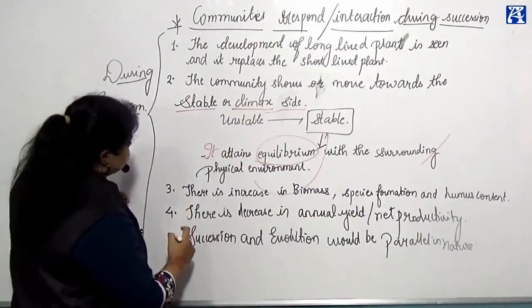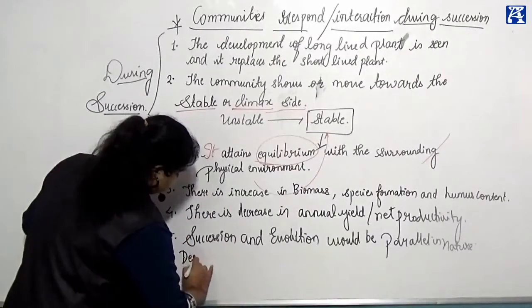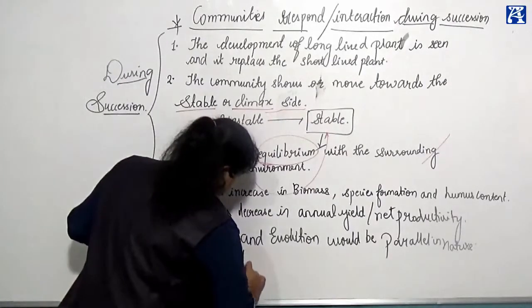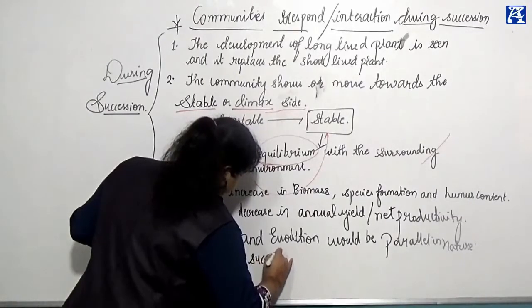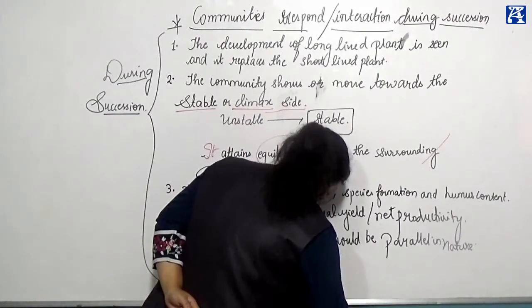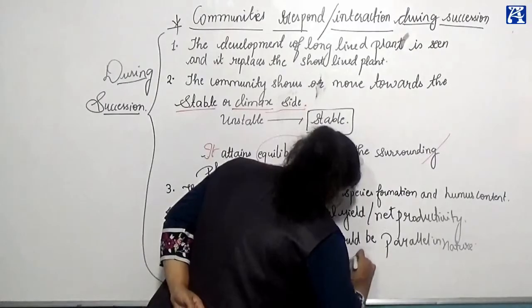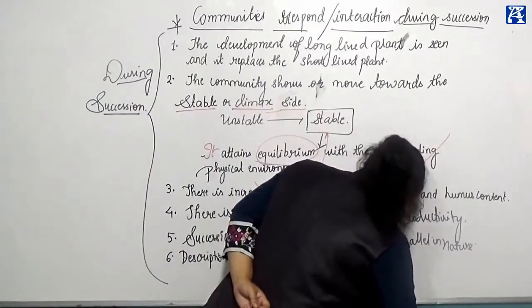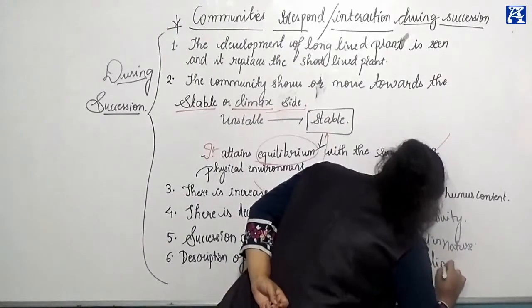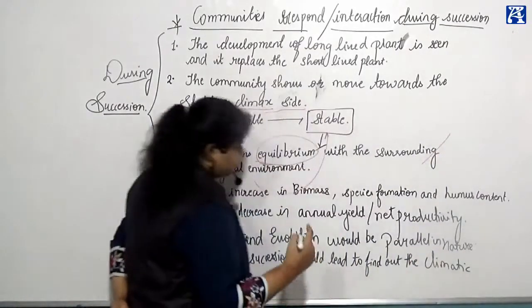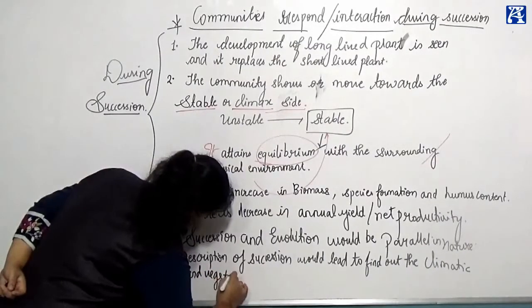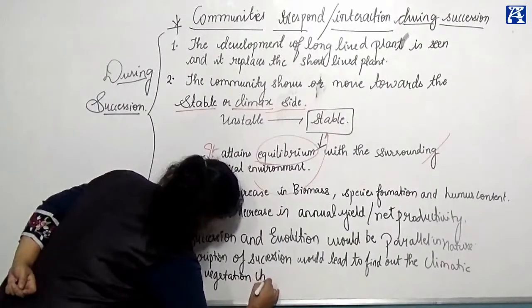Next comes, I'll write it over here. Description of succession would lead to finding out the climatic and vegetation changes.